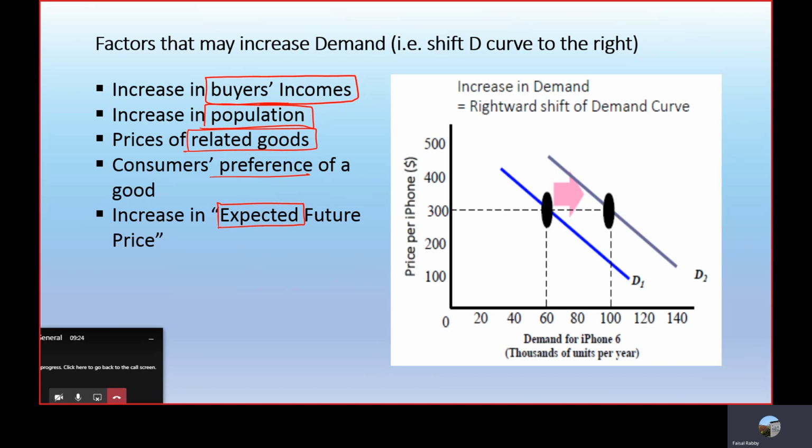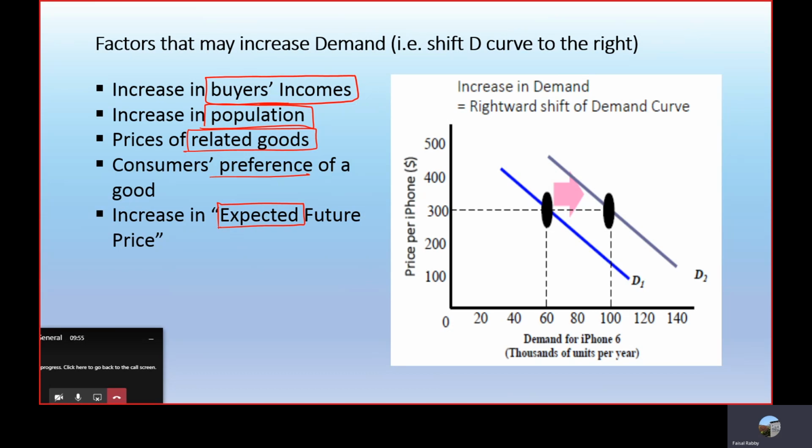So for example, if a large number of Canadians expect that within the next 3 or 4 years the price of houses will increase drastically, then a lot of people will want to buy a house right now, before the price increase.